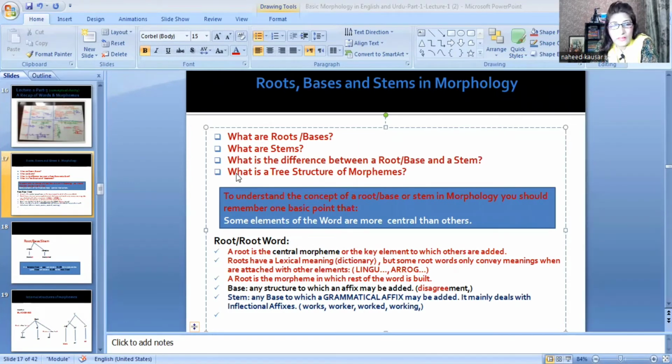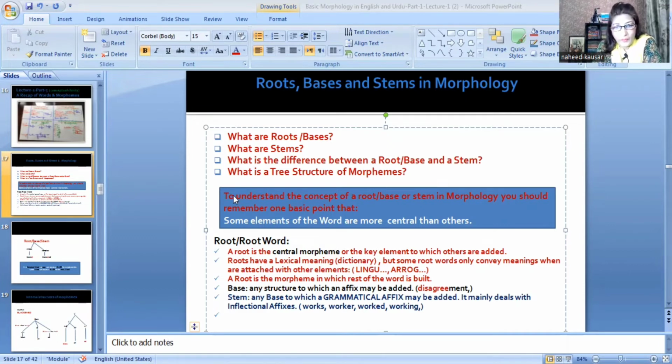And then we will see that when we are doing this analysis, we represent the word in a tree structure. Usually these tree structures are used for the representation of the morphemes to look deeper and more clearly at the components or constituents of the word.